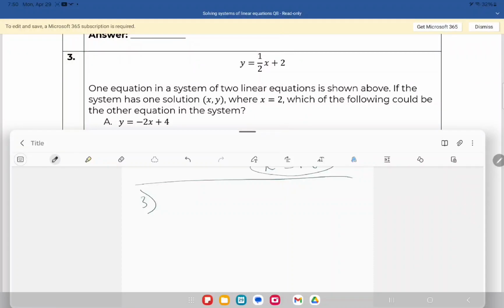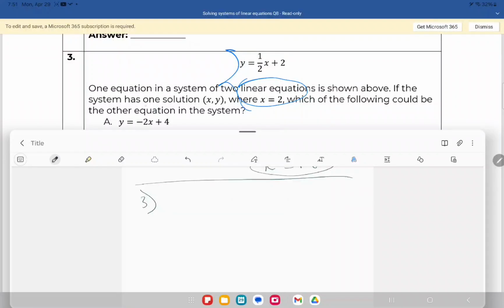If the system has one solution where x is equal to 2, which of the following could be the other equation of the system? So over here, I have another equation over here.